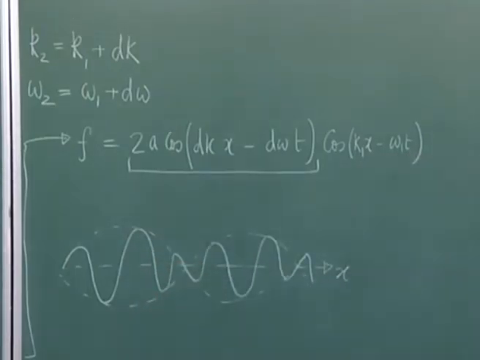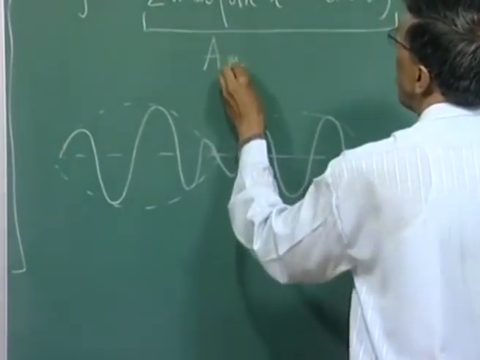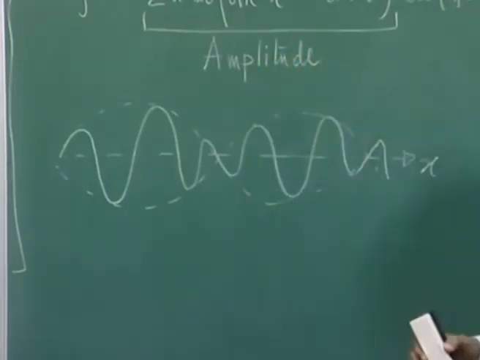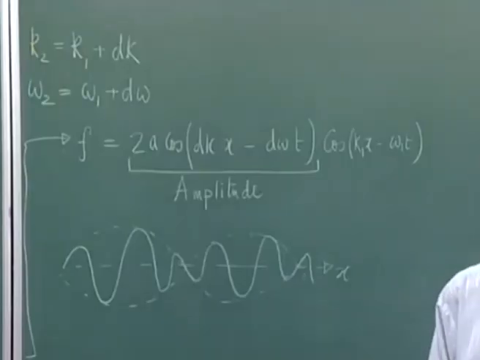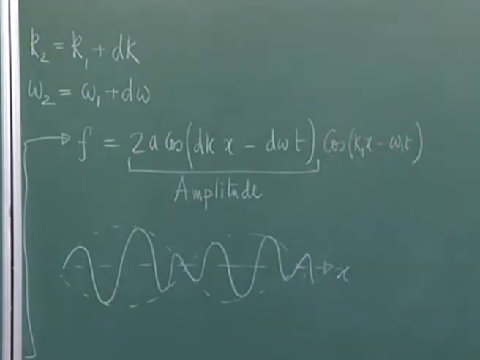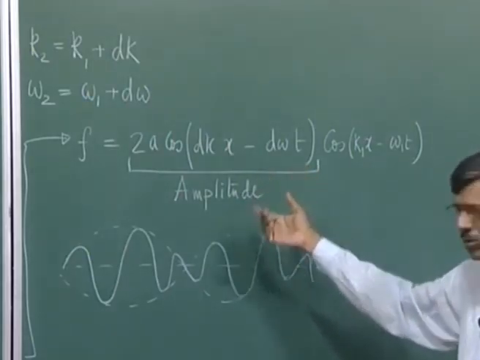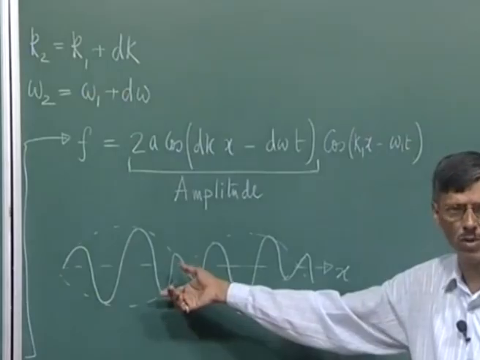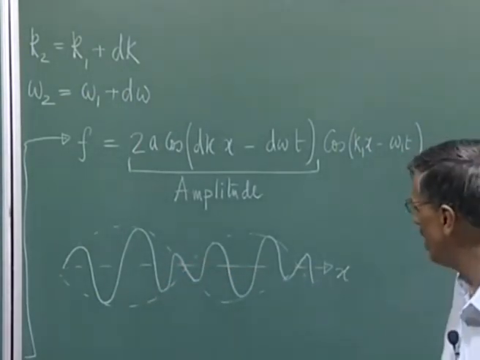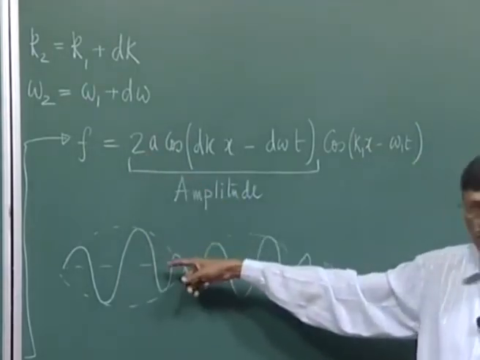So basically this is a slowly varying amplitude, and this idea was brought to us by Hamilton, and later on it was refined by Rayleigh. These two signals get modulated. This is what we call modulation: two constituents getting modulated and their amplitude reaching twice that of the individual constituents.